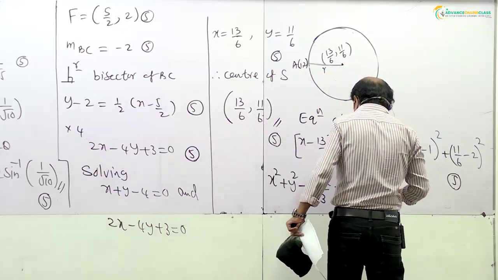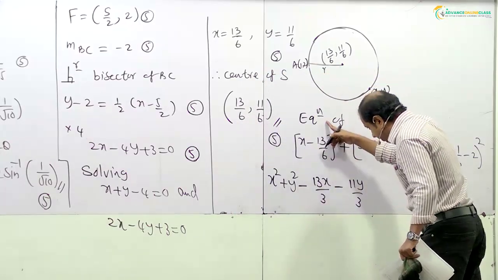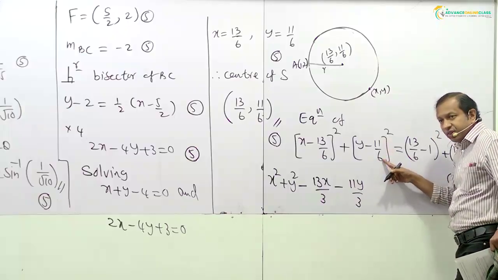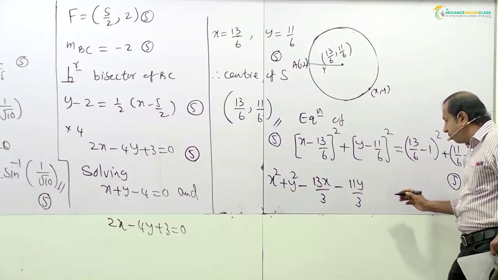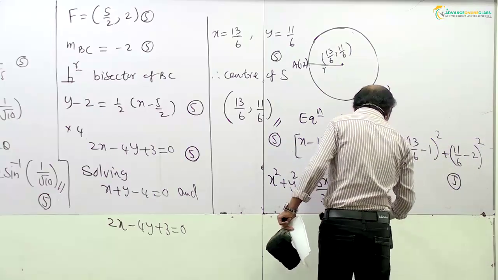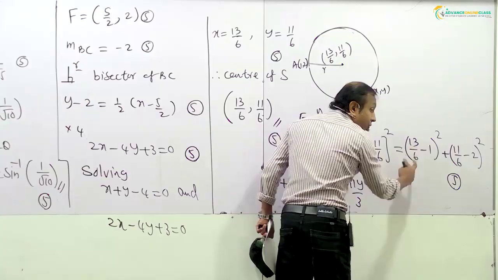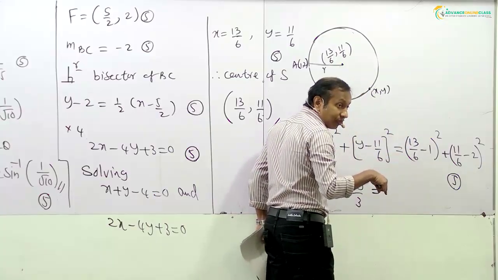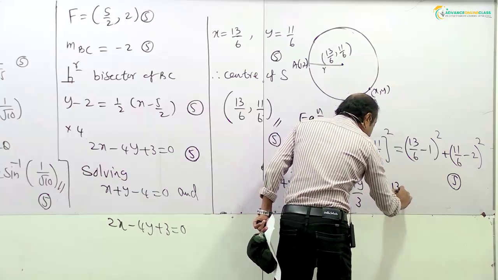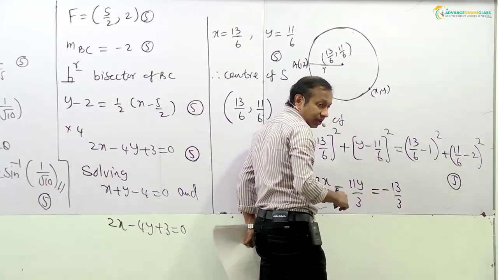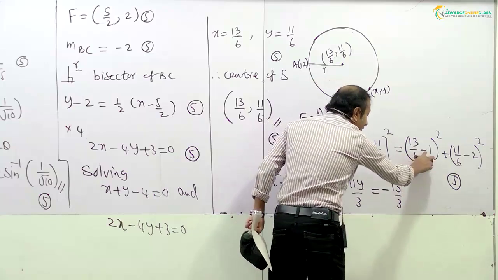Here, 13 by 6 perfect squared we can cancel down. 11 by 6 perfect squared also we can cancel down with these perfect squares. Now tell me, on the right hand side what do we have? Product of these 2 into 2. Understood? What is that? Minus 13 by 3. Am I correct? And 1 squared is 1.